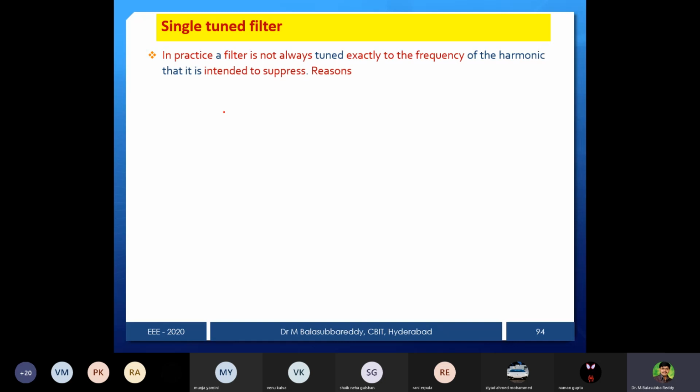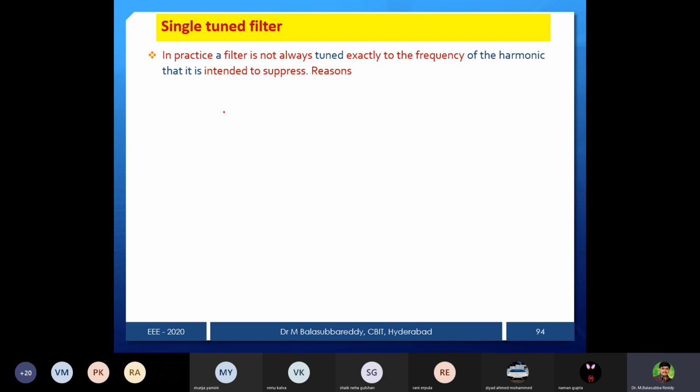Now we'll go on to design the single tuned filter. In practice, a filter is not always tuned exactly to the frequency of the harmonic that it is intended to suppress. I think I already mentioned this previously. There is a third order harmonic I want to suppress.